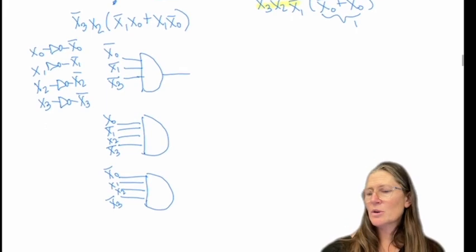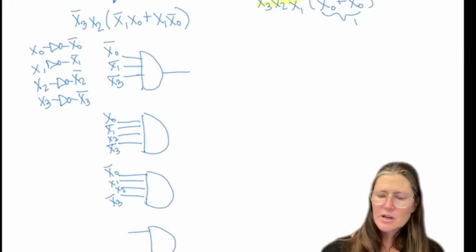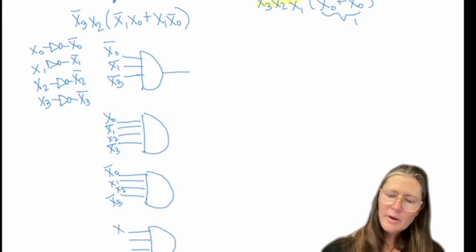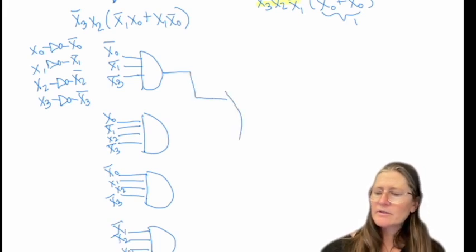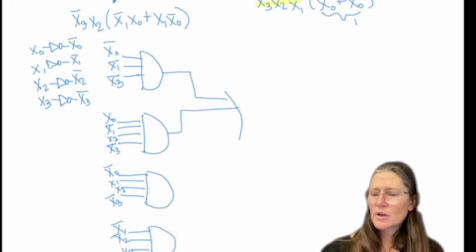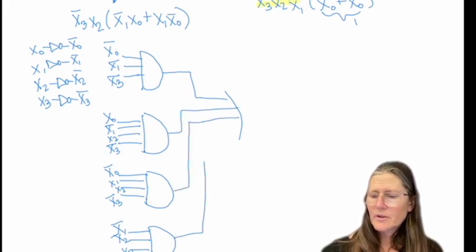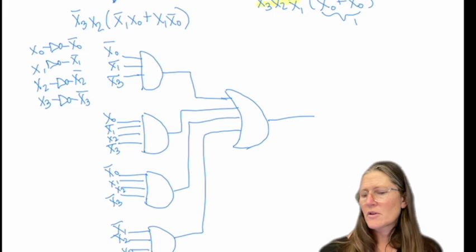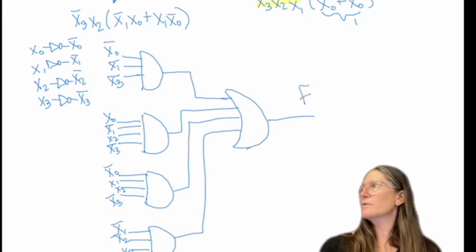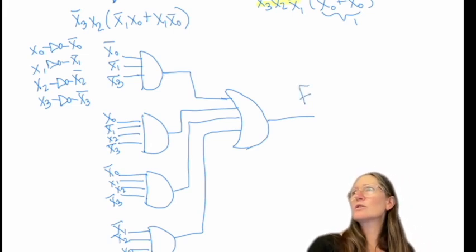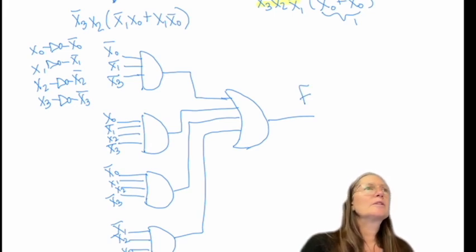And then the last one will be x1 bar, x2 bar, x3. And then each of these goes into an OR gate. And this would be my F. And I would tie that to the light of the F. So you'd have to do this for each of those lights.